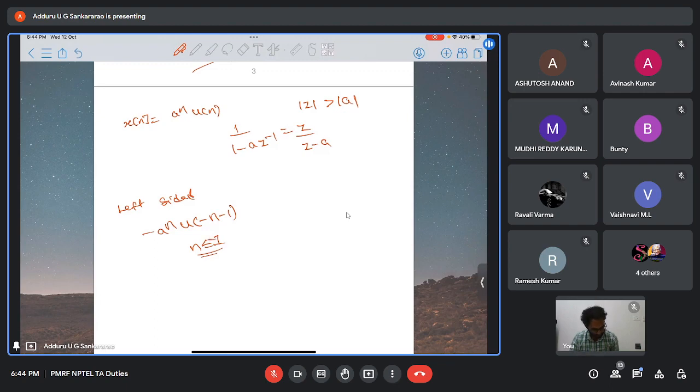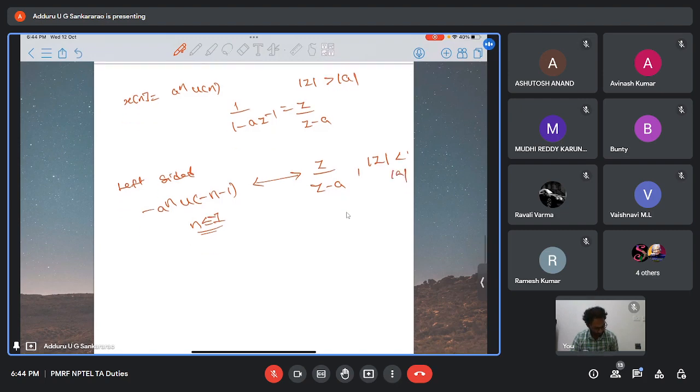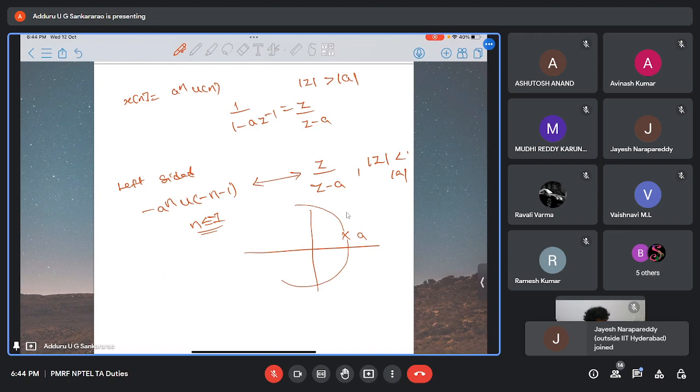This is called a left sided signal. For this also the z transform is z by z minus a only, but the ROC changes. ROC is mod z less than mod a. So for a left sided signal, if a is the pole and you draw a circle, the ROC is inside that pole.